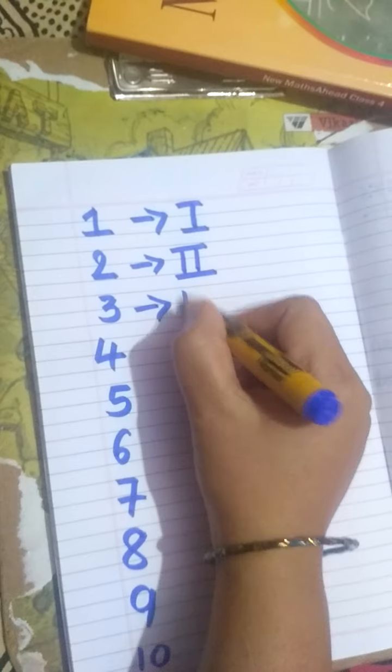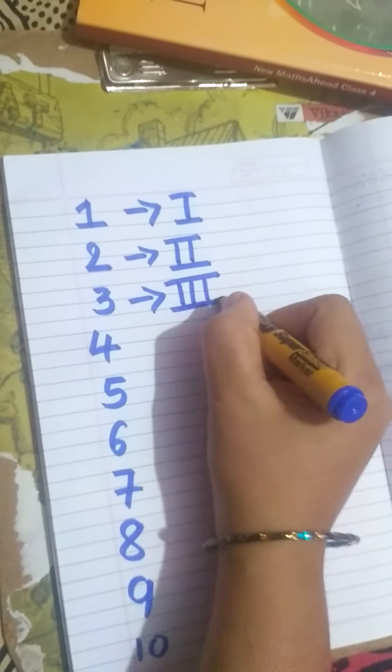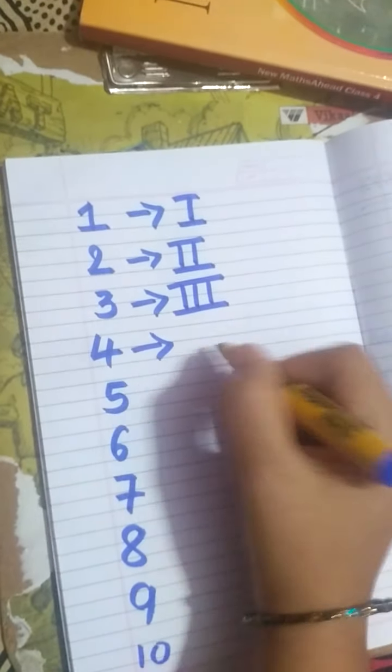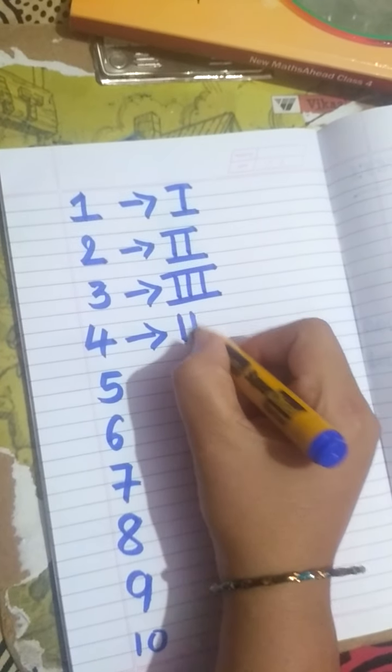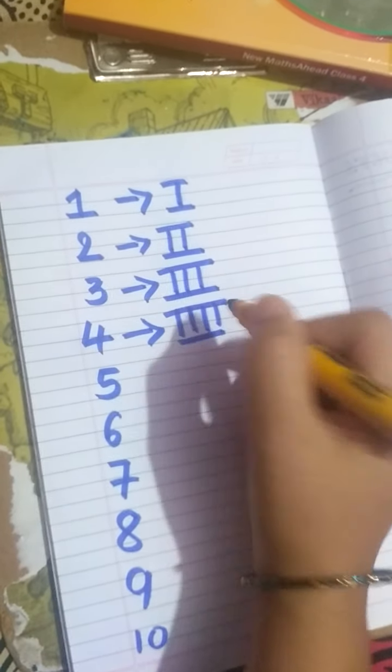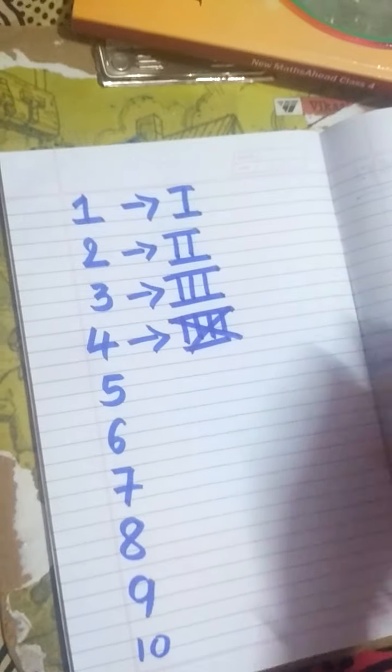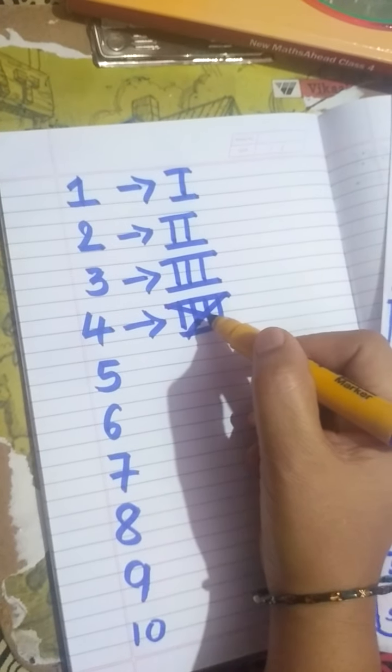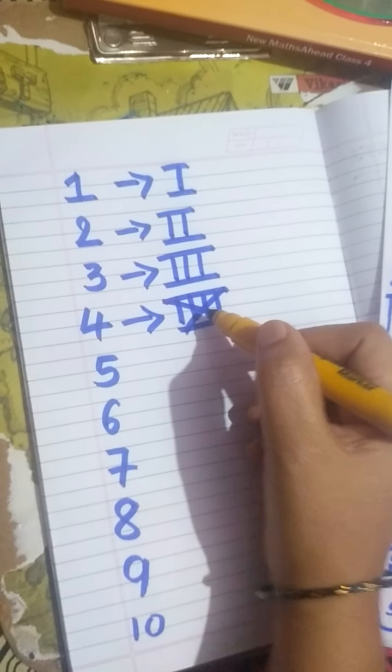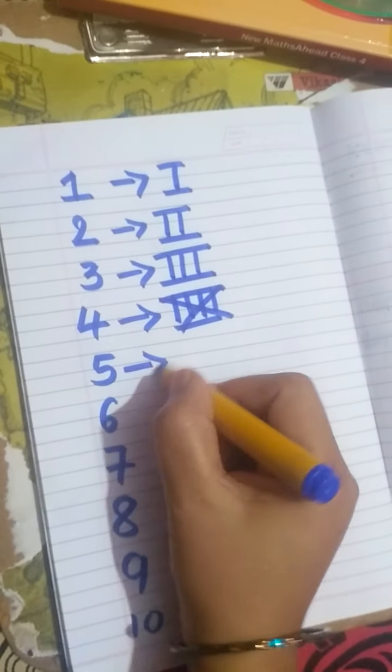For 3, 1 plus 1 plus 1, 3. For 4, what to write? 1 plus 1 plus 1 plus 1, like this? No. What is the first rule? The rule will tell: the capital I should not repeat more than 3 times. So, how to write 4?